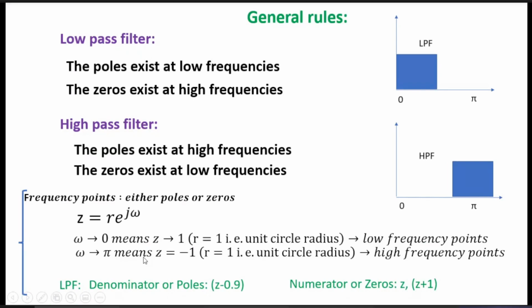For this, z is equal to e to the power j pi, which means it is minus 1. r into cos pi. What is the value of cos pi?